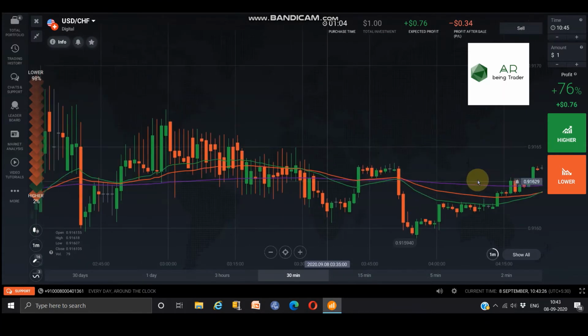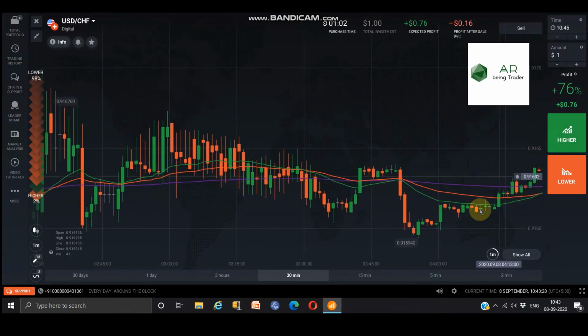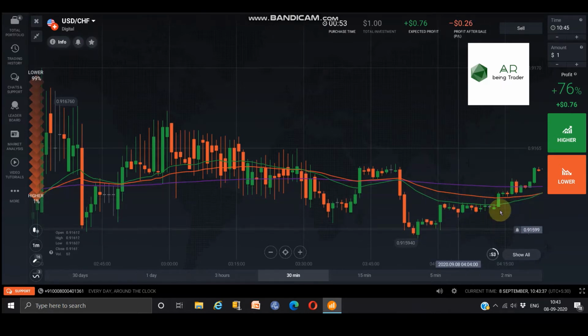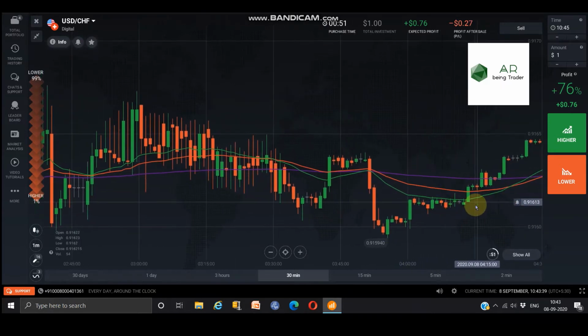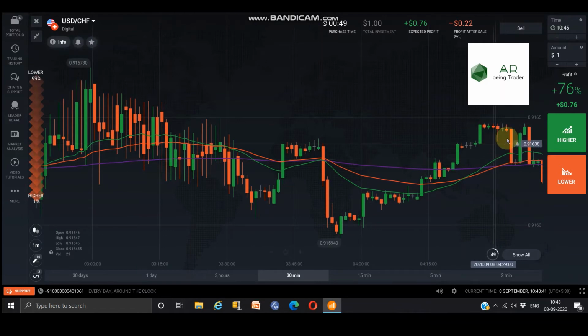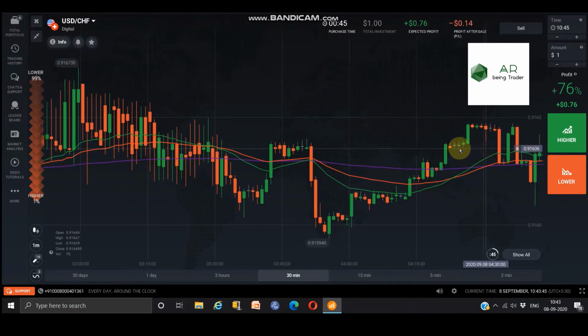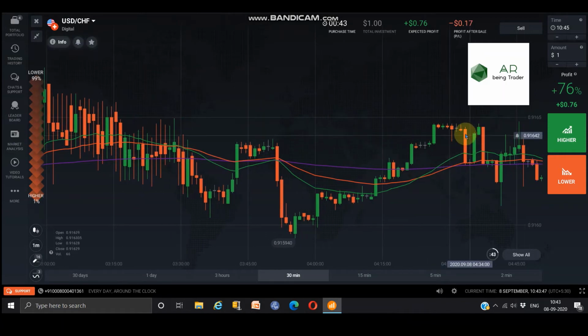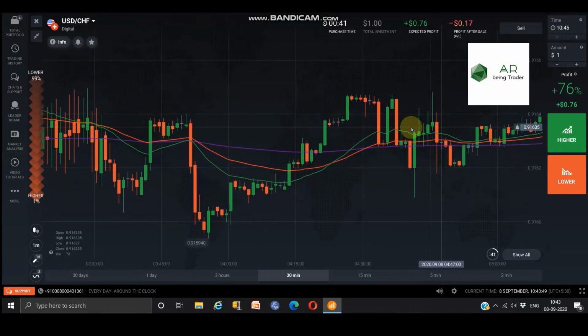The market is in this situation, and you are trying to place a call option. You can't place it here in this area. After this point, you can place a trade.